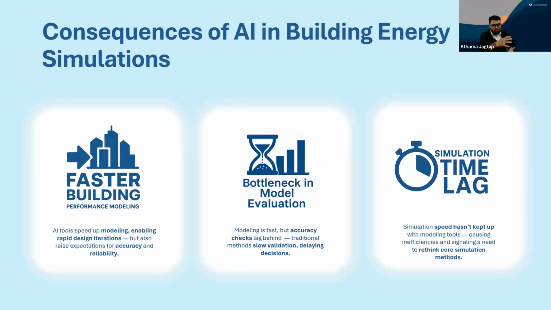The AI tools speed up modeling and enable rapid design iterations. But with this, people are demanding better models. Now people are saying, I want my models more efficient. Earlier, let's assume it was 20% efficient, 30% efficient. Now every stakeholder, every user will ask you that you are using this modeling software, you can experiment over my data on my models faster.